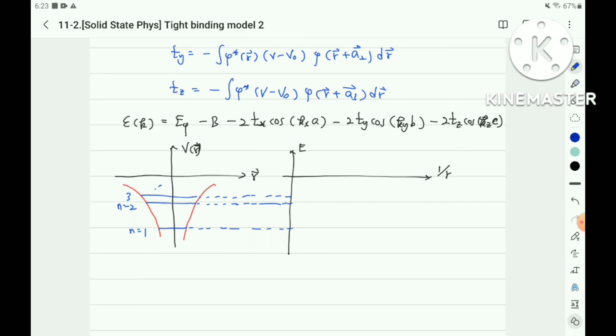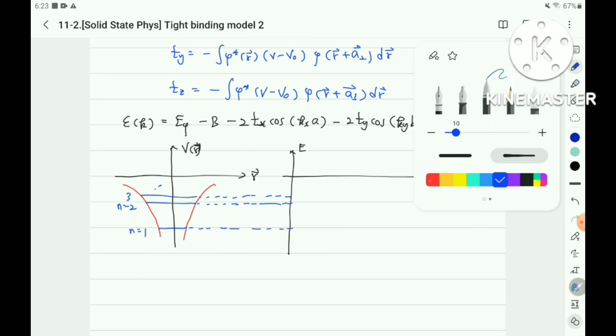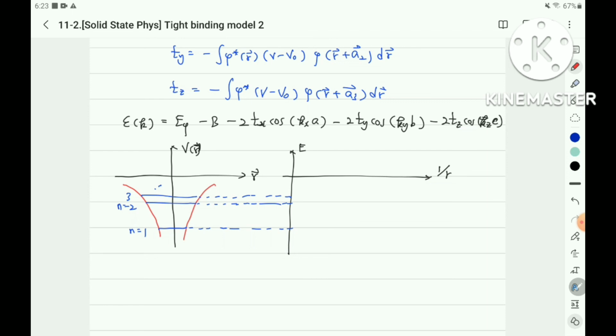But in real cases, when we think about the potential difference, because of this cosine term, the energy level spreads out like this, and this energy level also spreads, and this level also spreads.